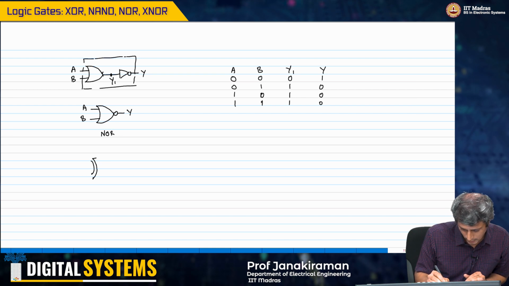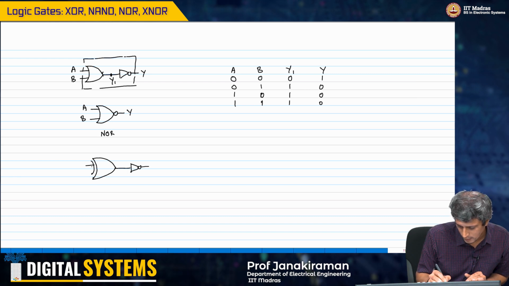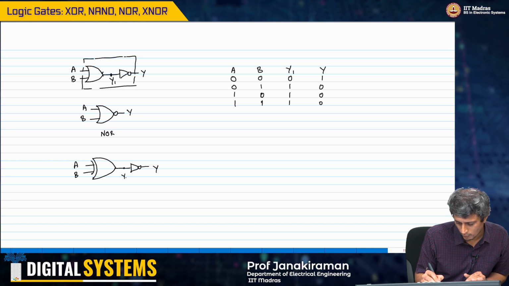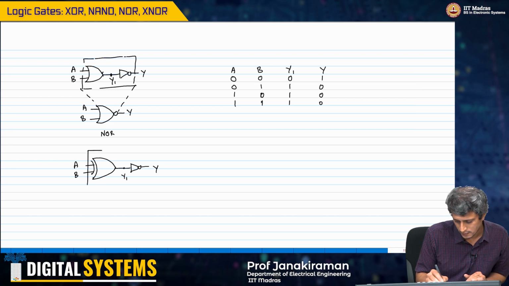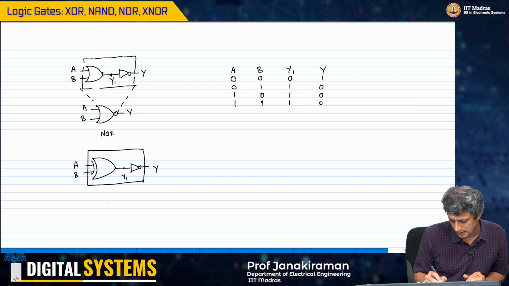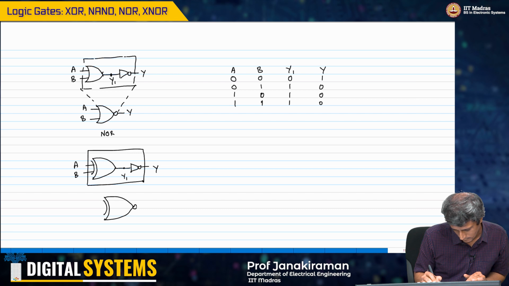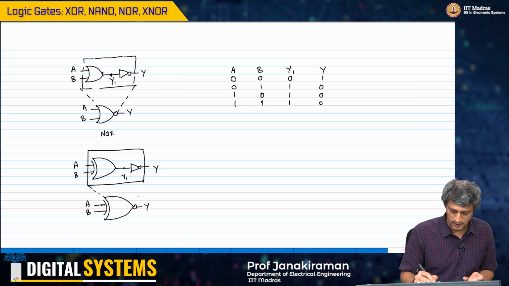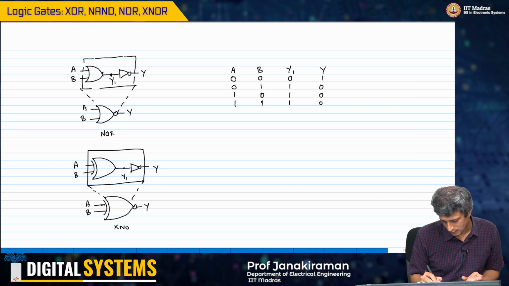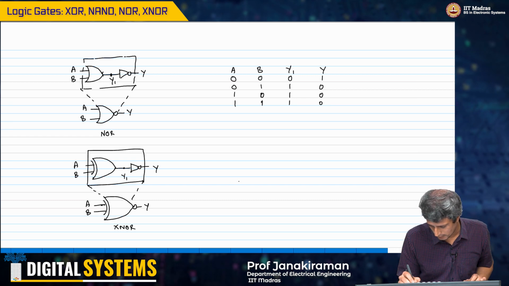Likewise, I could also take this XOR gate that we built and feed it through an inverter. A, B, Y1, sorry, and this is the expansion, by the way. And this output I am going to call X. A, B, and this is known as an XNOR gate.